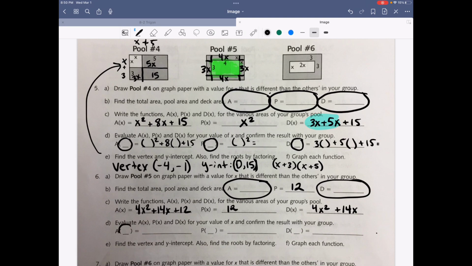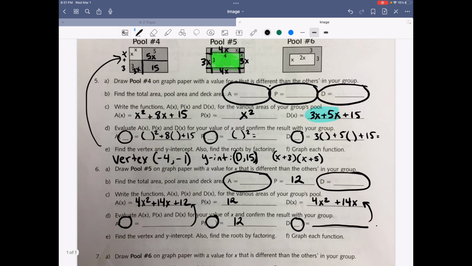So whatever number you choose for your deck, you're going to plug into here. And then this will be 12 no matter what. This piece you have to plug your x into this equation. And then you have to plug your x into this equation to figure out your total area and the total area of your deck.